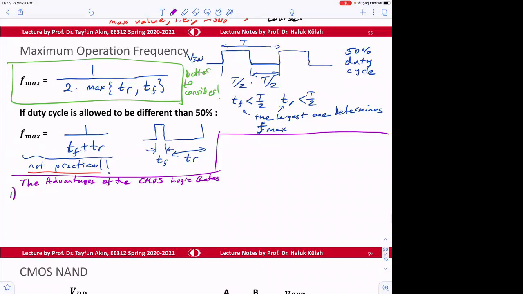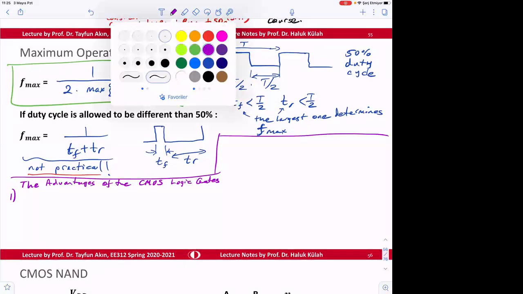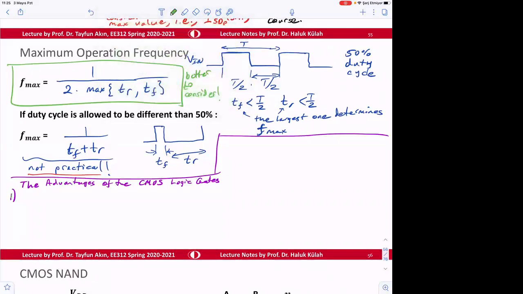One, the output swing is rail to rail. I mean, it is from ground rail to VDD.